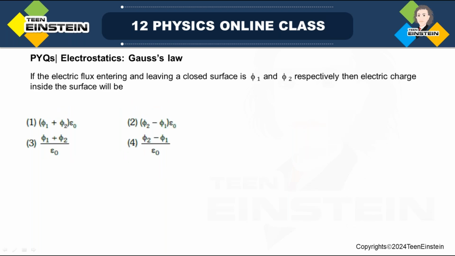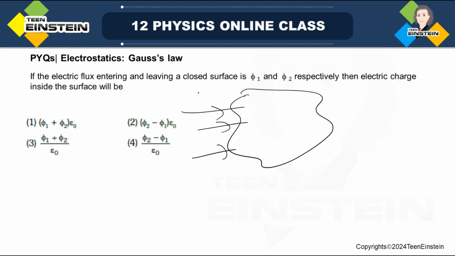Okay, so let us go to the next problem. What is this problem saying? If electric flux entering and leaving a closed surface is phi1 and phi2 respectively, then the electric charge inside the surface, suppose there is an arbitrary surface, so some flux is entering, that is phi1, and some flux is going out.